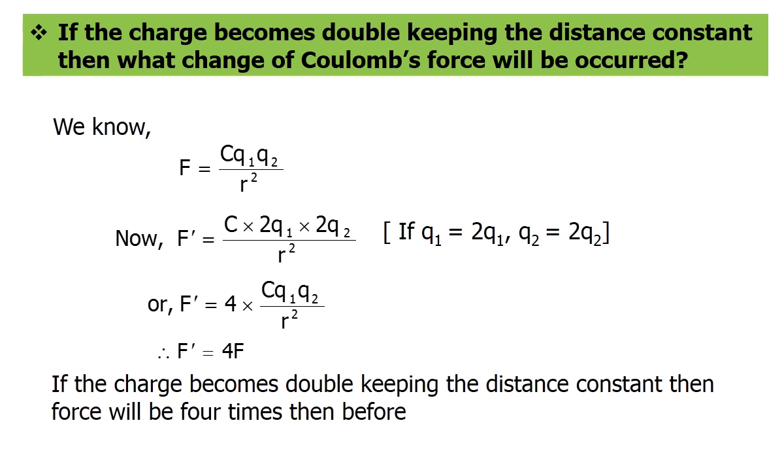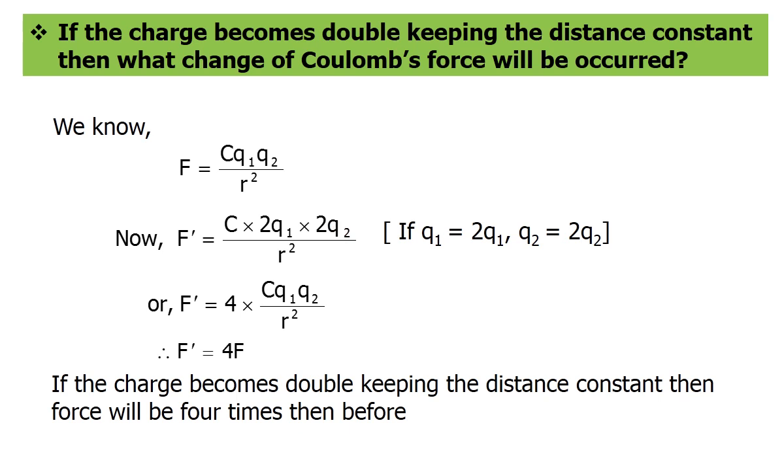That means Q1 will be double. So we can write Q1 equals to 2 Q1 and Q2 equals to 2 Q2. But the distance will be constant. That means there is no change of R. R will be constant. So if we calculate the equation, then we can write 2 into 2, 4.